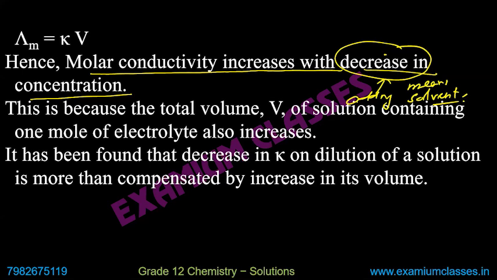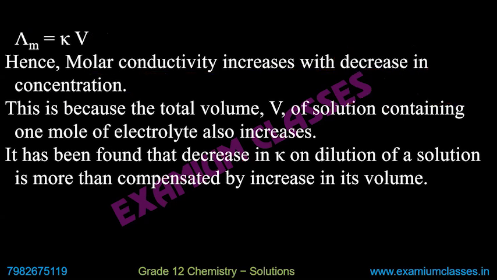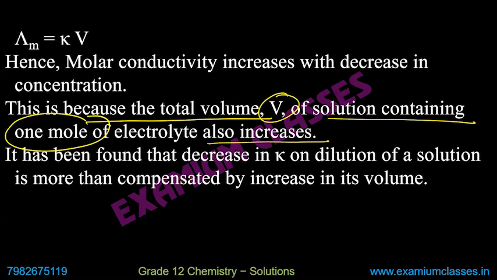Volume will increase if you add more water. So because volume will increase on dilution, lambda m will increase. So molar conductivity will increase on dilution. It's written here because the total volume V of solution containing 1 mole of electrolyte also increases.